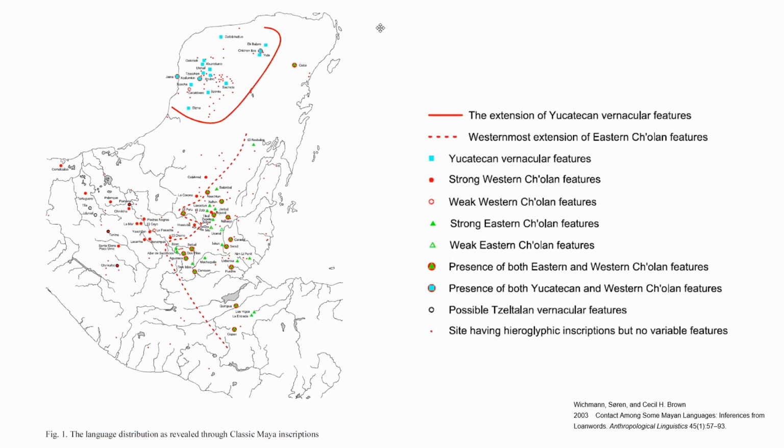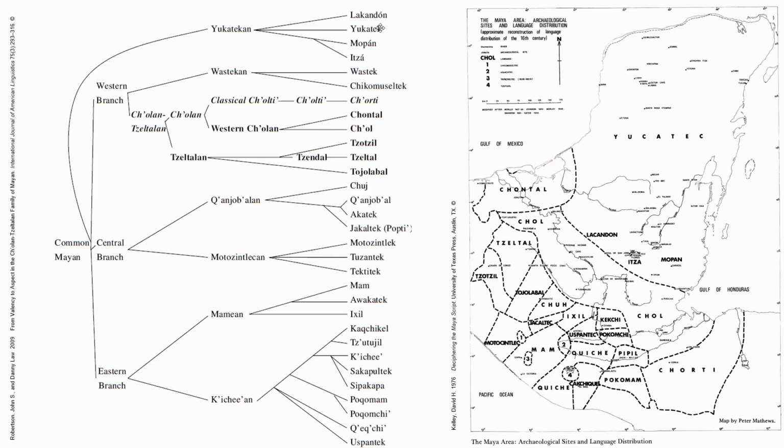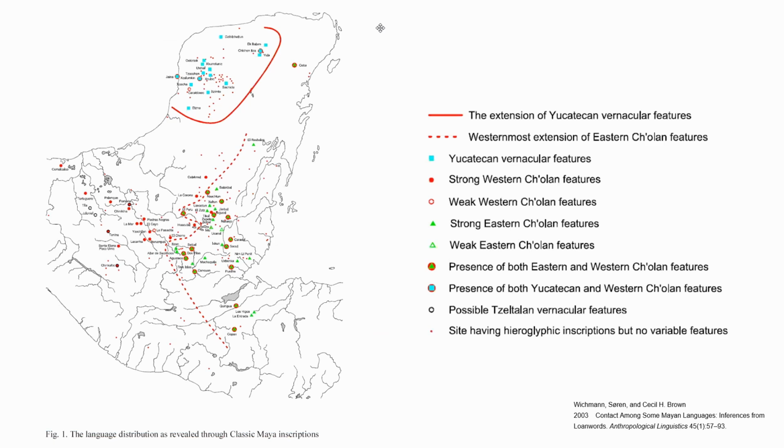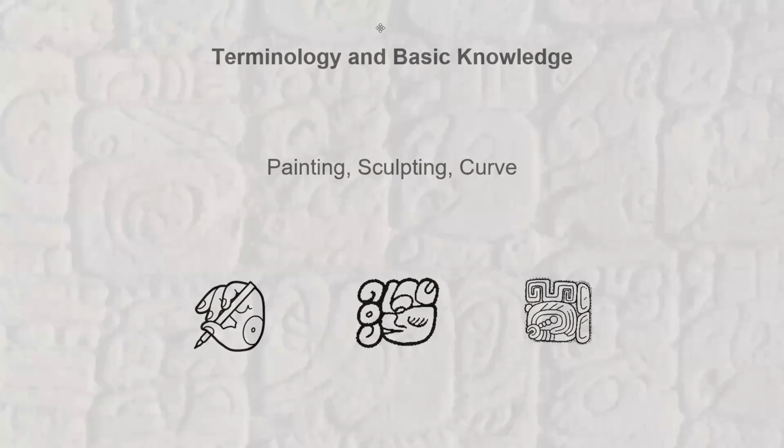And we have here Eastern Cholan, Western Cholan, Chorti, etc. So the decipherment of Maya writing has proven those language areas that we find here, and those are the main sources we need.